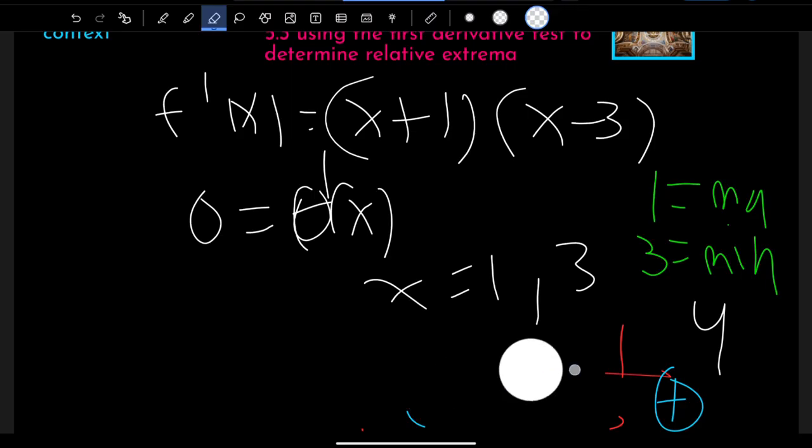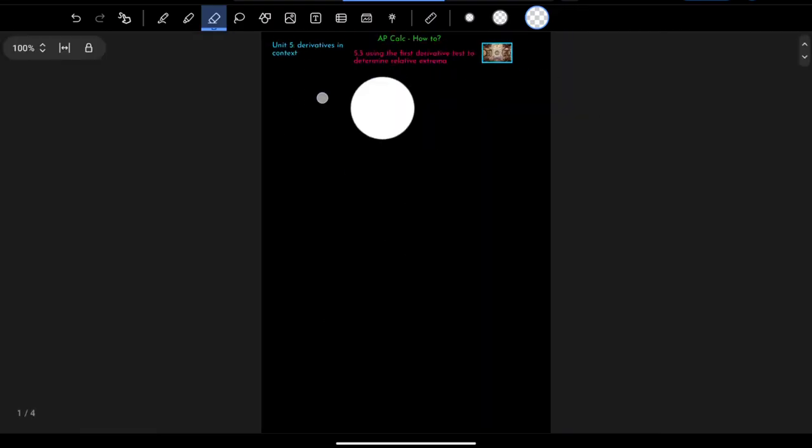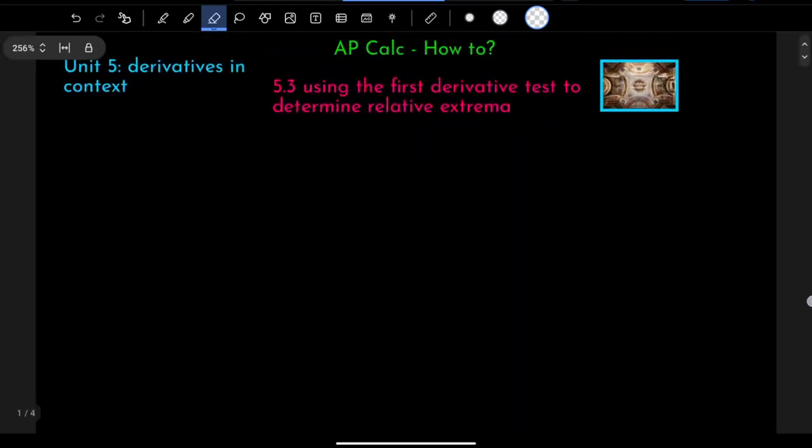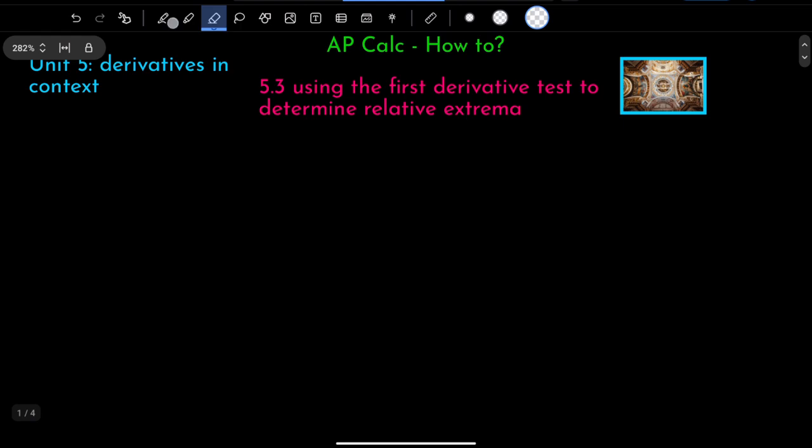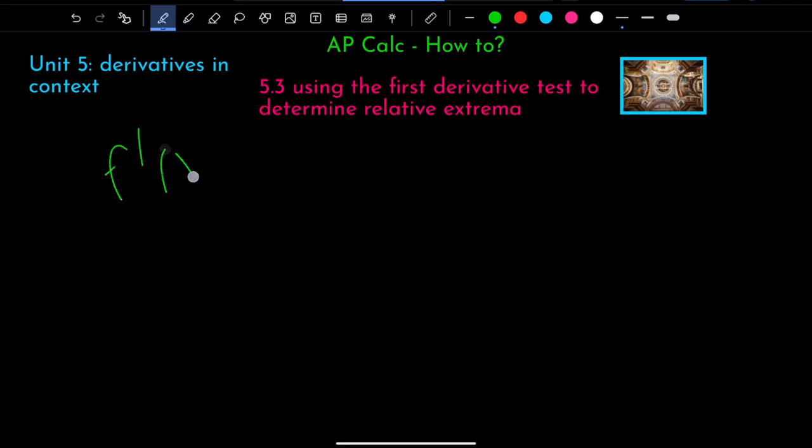Now our last example is going to be similar. If you're given a graph of f prime of x, at what values of x does f have a local maximum or minimum? This is a common multiple choice or FRQ setup. Look at the graph of f prime of x.